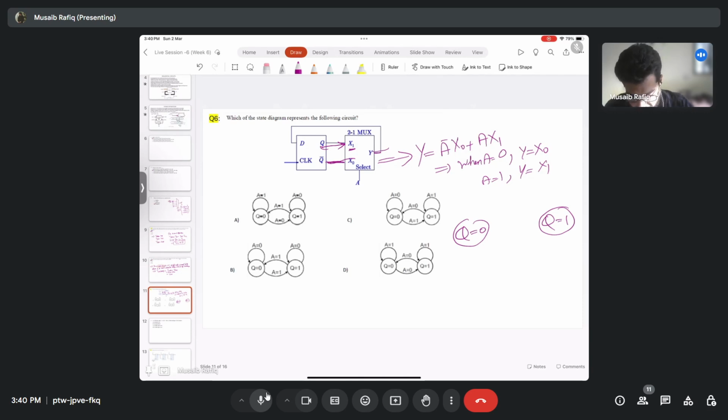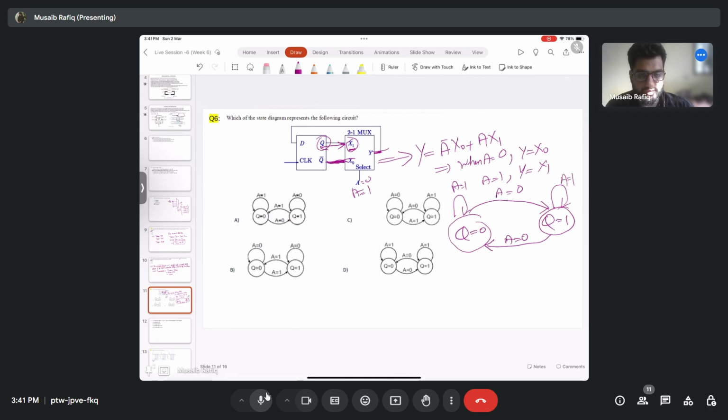Basically if a is equal to 0, this will be sampled here, so next it will be q bar. So when a is equal to 0, it will change its state. But when a is equal to 1, check here, output is equal to x1, which is q itself, so it will remain as it is. Next state will be same as previous state.